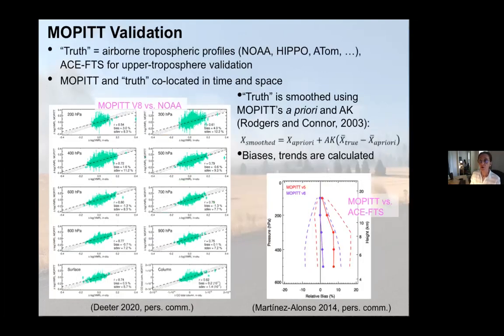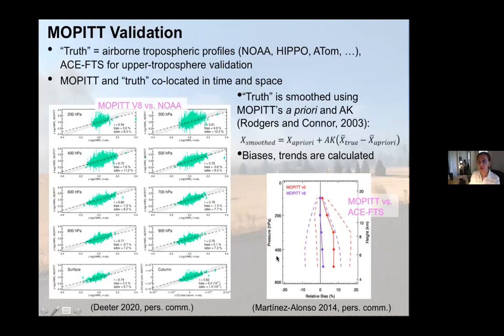As I said before, the MOPITT data is very carefully validated. Each new version of the data is compared to in situ measurements from airborne profiles, for instance, from NOAA flask campaigns, from HIPPO, ATOM, CONUS AQ, and so on. In some cases, we've also validated the MOPITT retrievals with respect to other satellite measurements, in this case, ACE-FTS, and you have an example here on the right.